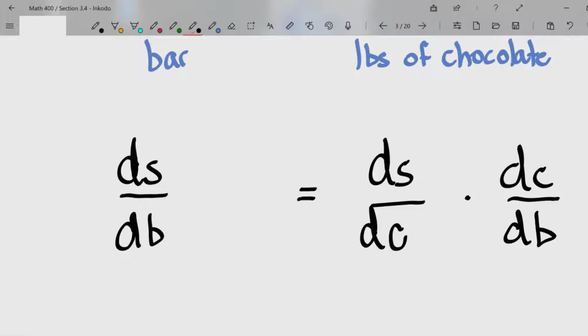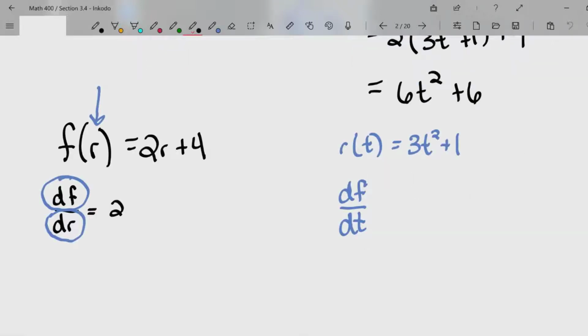If you have a function that's handed to you and you're asked to take the derivative of that function with respect to a variable that's not there, perhaps the variable your function is working with can actually be written in terms of a completely different function. Just like back in this case right here, we said, oh, we have a function of r, f of r, which is 2r plus 4.